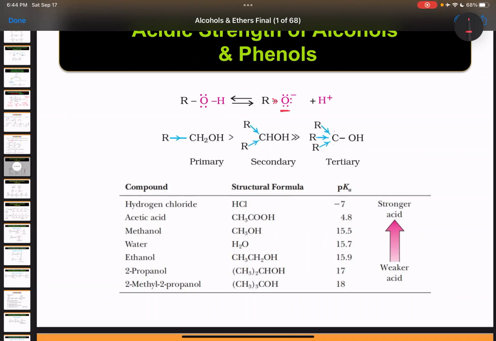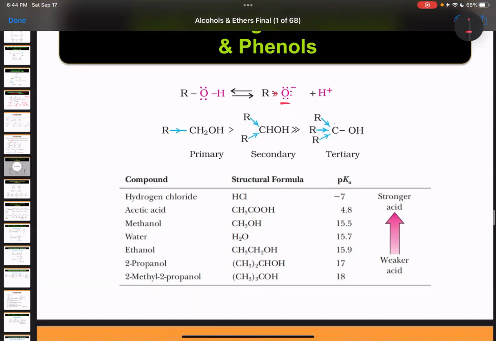You need an electron withdrawing group. An electron withdrawing group will increase the acidic strength of the alcohol. For this bond, always remember that the ease of breaking is more for primary, secondary, and tertiary in that order. Okay, clear?